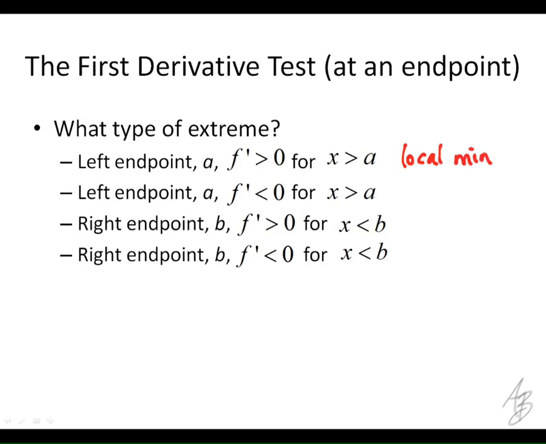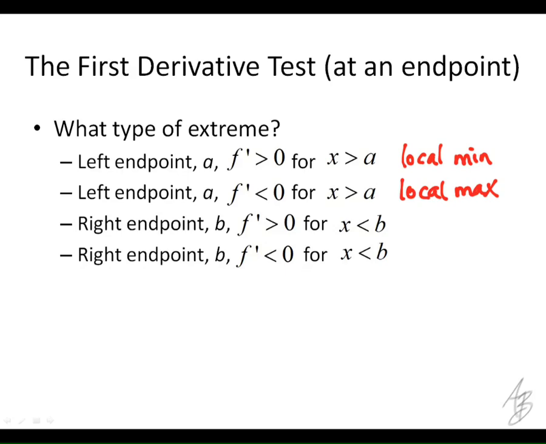Okay. If the first derivative is negative when x is bigger than a, then what does that mean about that point? The first derivative is negative, so we start at a point and it's decreasing, so this point here is going to be a local maximum. Now, this is kind of an intuitive idea, but if you have to give an explanation, you have to give calculus reasons.